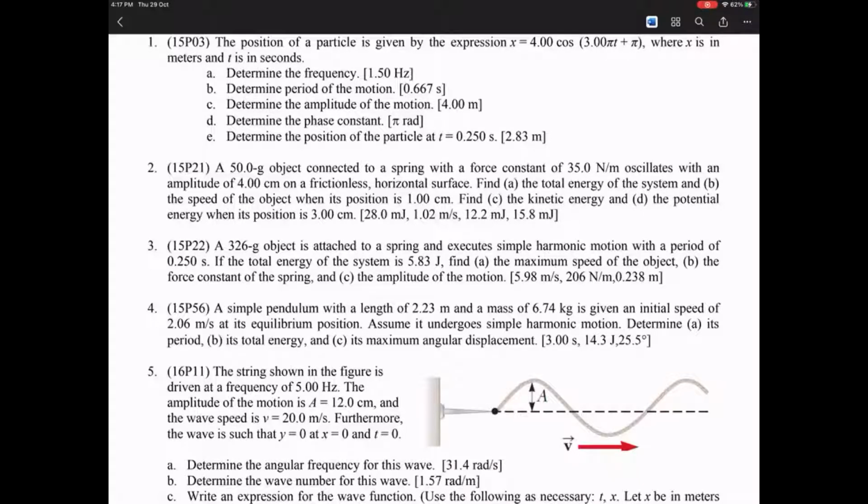You're asked to decide what is the total energy of the system, the speed of the object when it is 1 cm from the equilibrium point, and the kinetic energy and potential energy when the position is 3 cm. So the question is actually very similar to the example we have just seen. So what do you need actually?